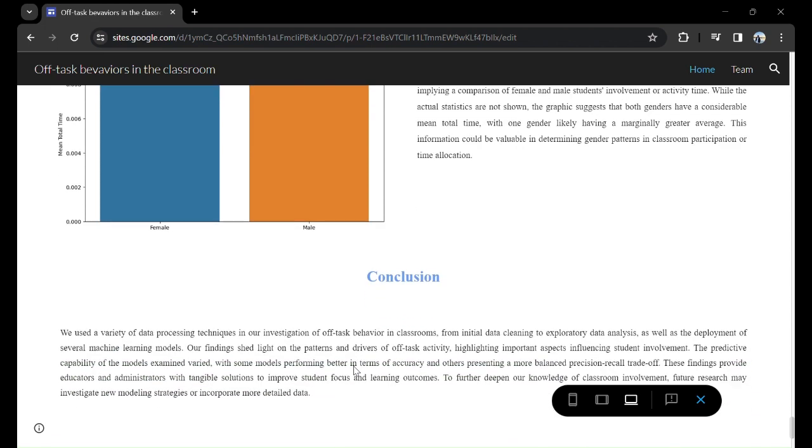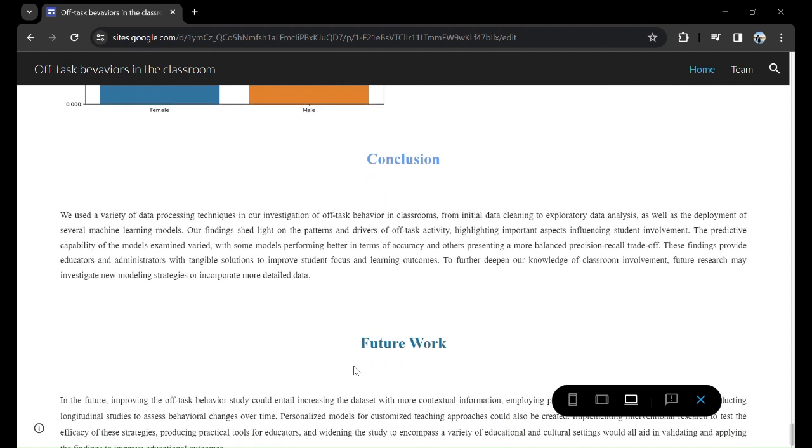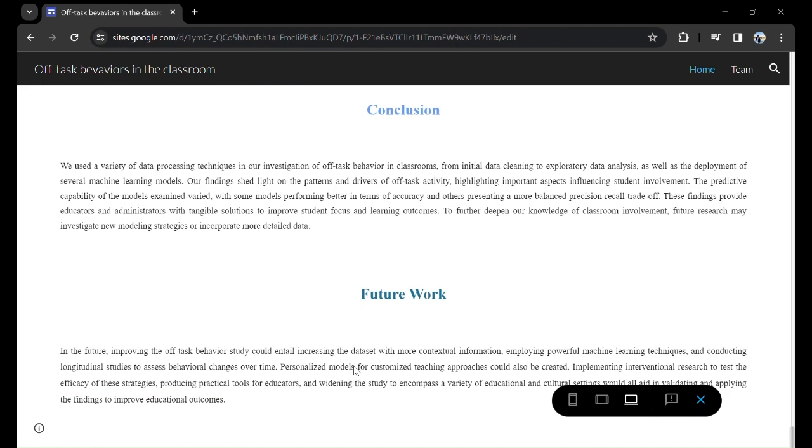So when coming to the conclusion, in order to investigate off-task behavior in classrooms, we employed a range of data processing approaches, including data analysis, initial data cleaning, and the deployment of several machine learning models. Our results emphasize key factors impacting student participation and provide insights on the trends causing off-task behavior.